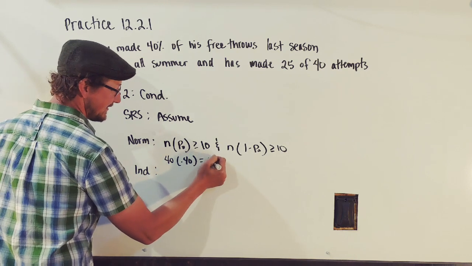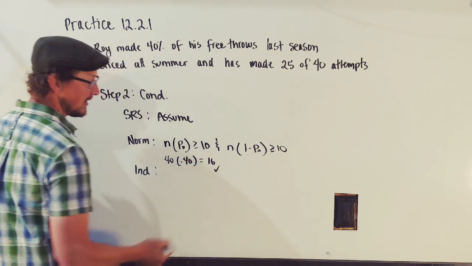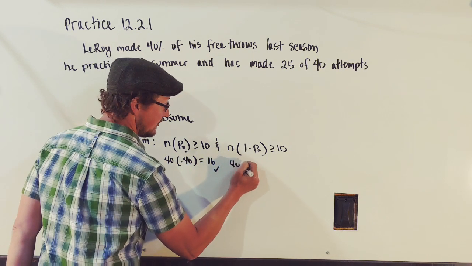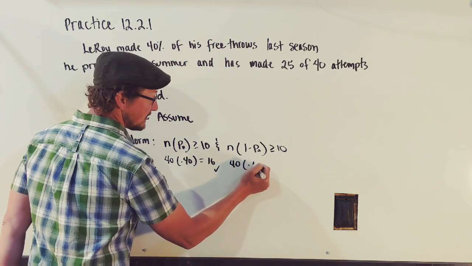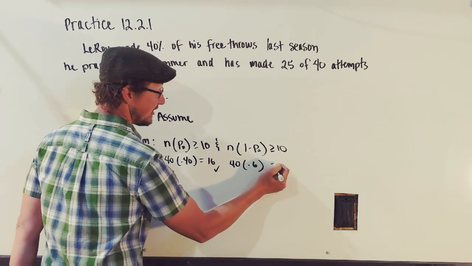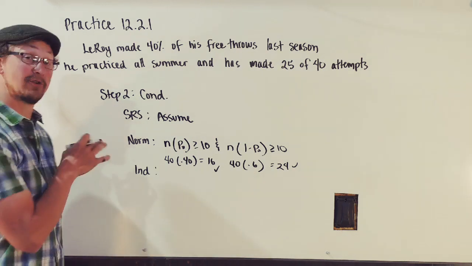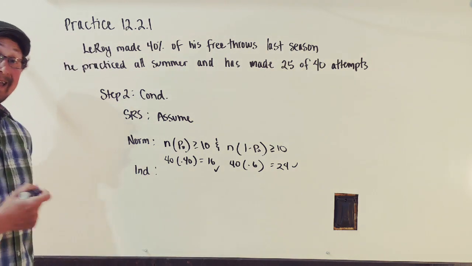Well, yeah, that's 16, so we are good to go there. And if that one works, the other one's going to work as well. 40 times the complement of 60% is equal to 24, so both of those satisfy our normal condition.